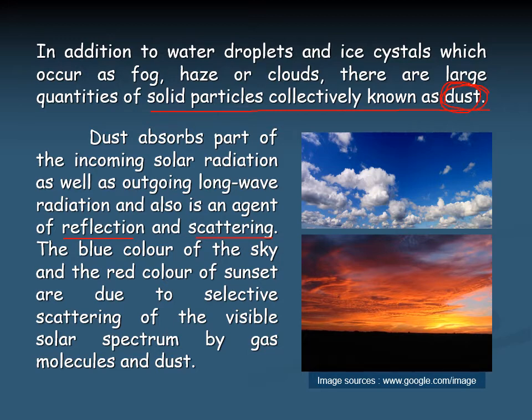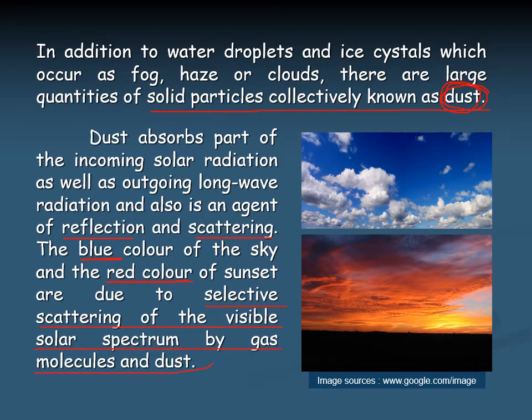Sometimes it appears blue, and during the sunset or sunrise it appears reddish in color. So this variation in color of the same sky, of the same atmospheric cover around the earth, is mainly occurring because of the selective scattering of the visible solar spectrum by the gas molecules as well as the dust particles found in the atmosphere.